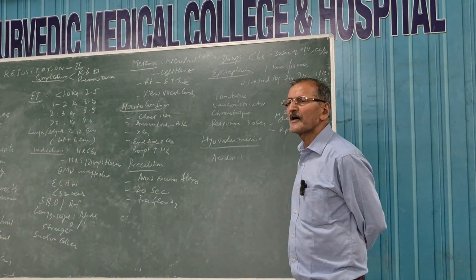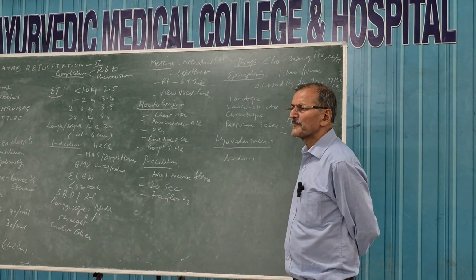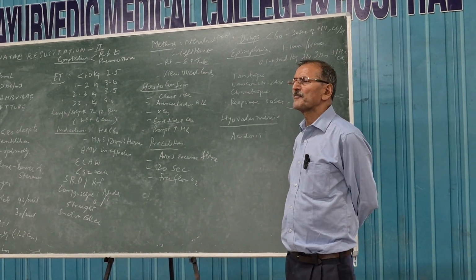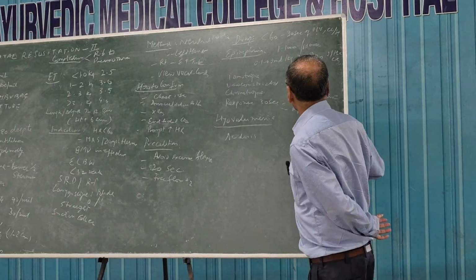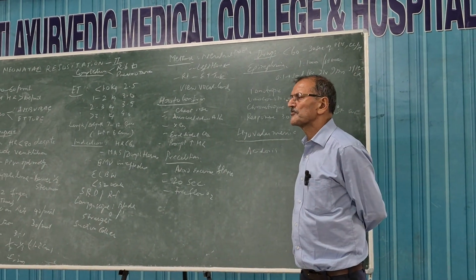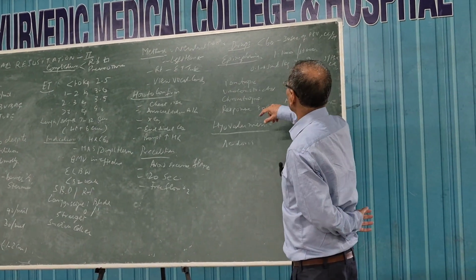It can be given IV, but intramuscular is usually not preferred. You can give by the umbilical vein also. And endotracheally also. Directly into the respiratory passages you can introduce.